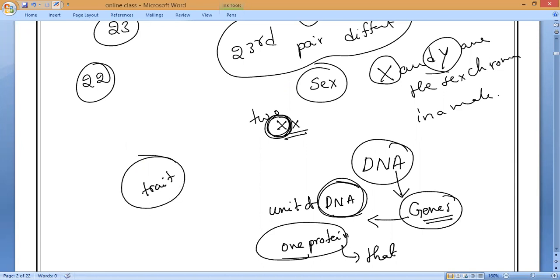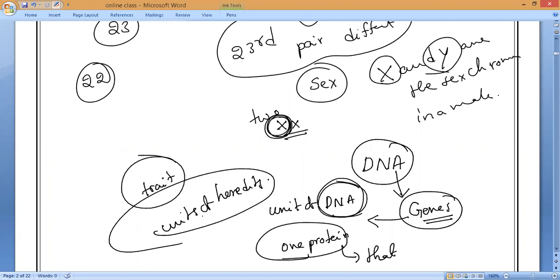That is what we call a gene. Genes are the units of heredity, because genes transfer characters or traits from parents to offspring. That is why they are called units of heredity.